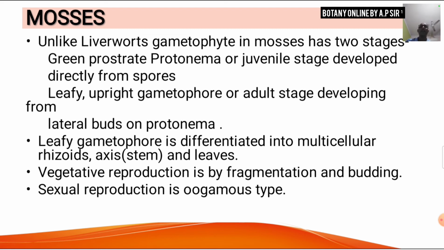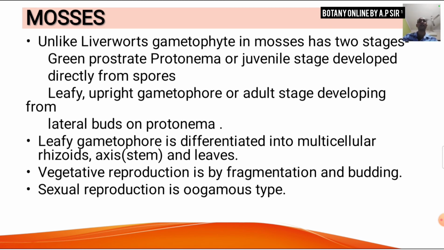The leafy gametophore is differentiated into multicellular rhizoids, axis and leaves. Vegetative reproduction occurs by fragmentation and budding. Sexual reproduction is oogamous type. We know that in bryophytes, sexual reproduction is oogamous, in mosses as well as in Hepaticopsida.